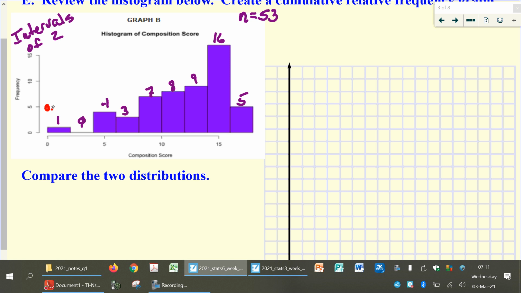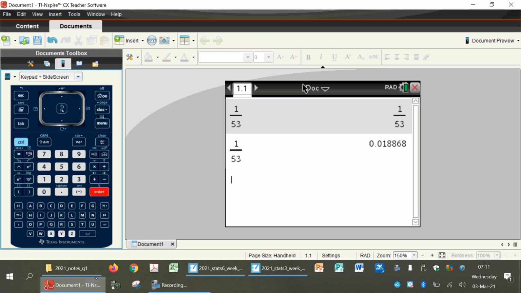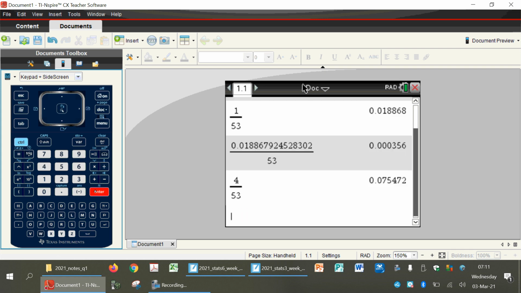This one is 0. We can tell that's going to be 0. We're going to do 4 divided by 53. Oops, that didn't work right. 4. I'm going to call that one 8%.